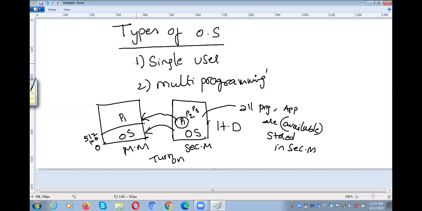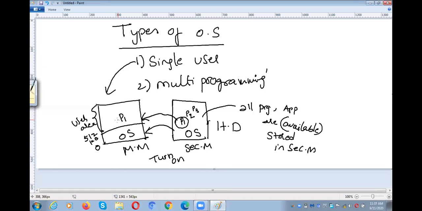As it is a single user operating system, this is called the user area. The main memory is only divided into two parts. The first part is for the operating system. The entire remaining part is for the user area and it is a single partition. Only one process is allowed to enter into the main memory.